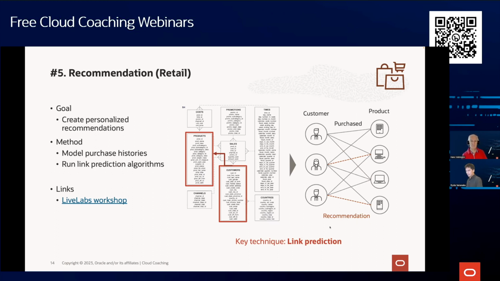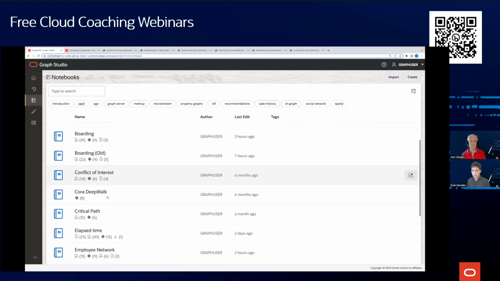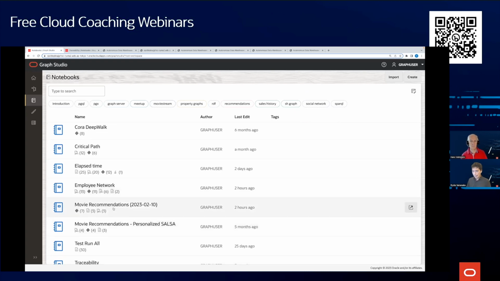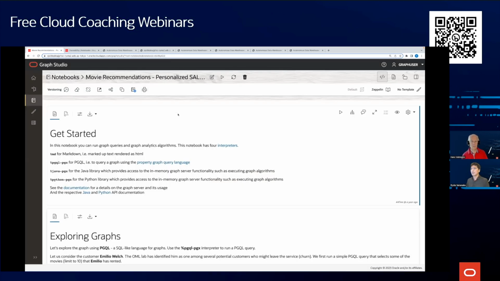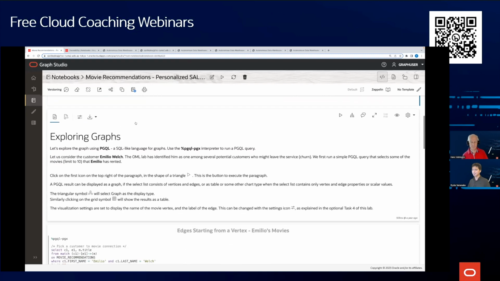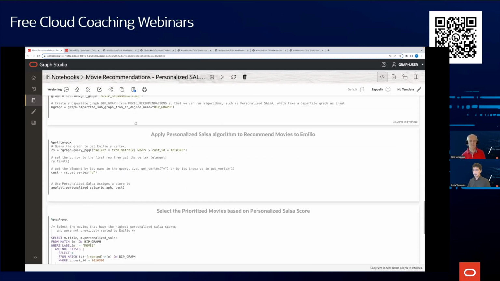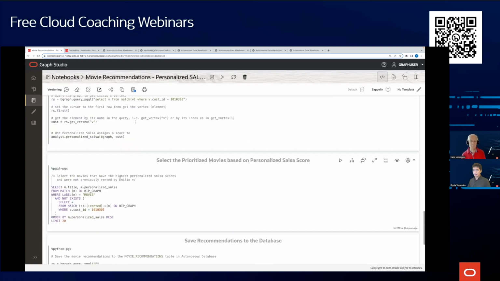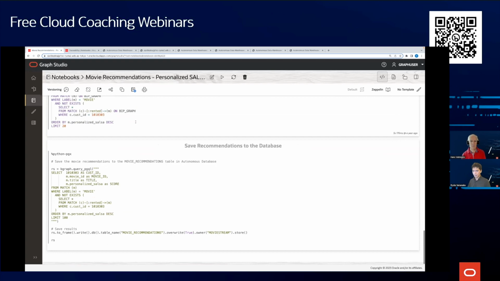So the question is how we can use link prediction on Oracle Graph. There's a LiveLab workshop available for this use case, movie recommendation. Let me just show you the key point.